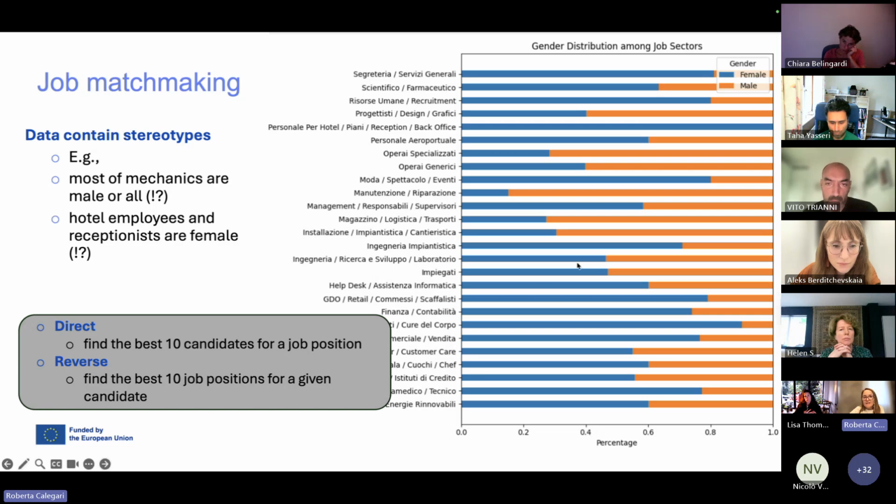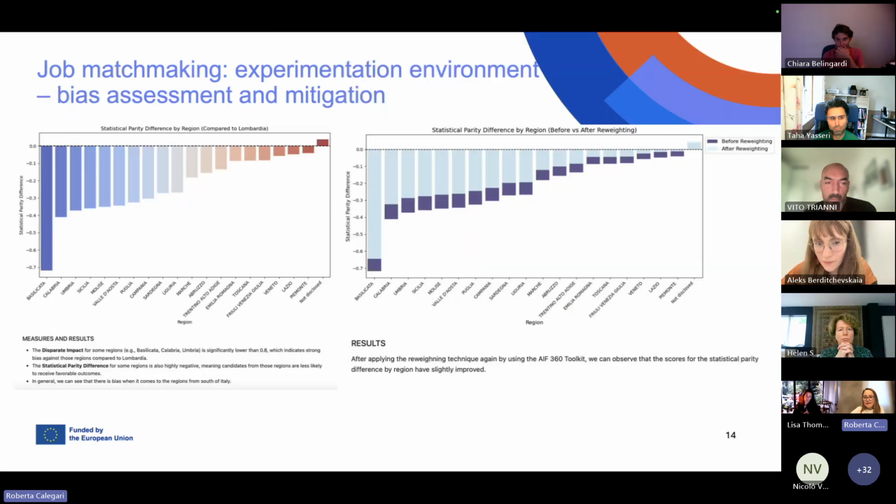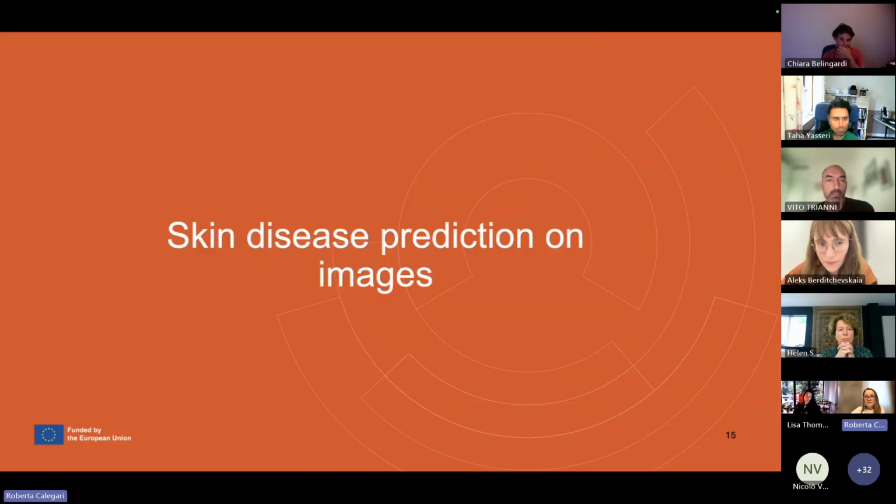If you analyze the data, you can already see that, for instance, some jobs are associated only with males, while other jobs are associated only with females. So what is my AI system going to learn? That, for instance, a female cannot be a mechanic. This is unacceptable. And of course, inside the environment, you can mitigate it.